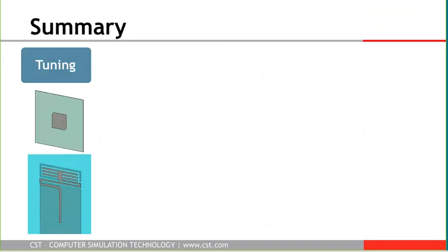So I would like to summarize my talk, or remind you what we have seen today. First, you've seen how to use the characteristic mode analysis to tune the antenna into its resonance or to find the parameters which can be used for tuning.